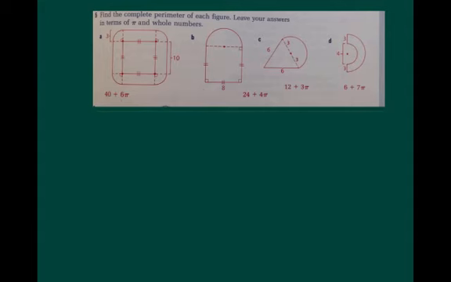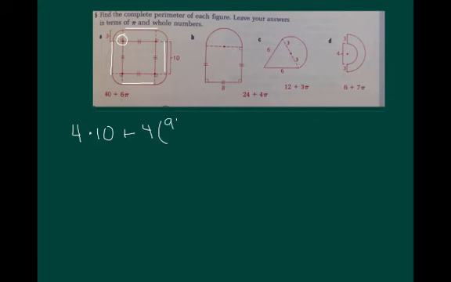And so in letter A, I'm going to add up these 4 straight pieces here, and by the tick marks I can assume that all 4 of those are congruent. So that's going to be 4 times 10 plus we're going to have 4 of these arcs, and of course the arcs are going to measure by the tick mark there.